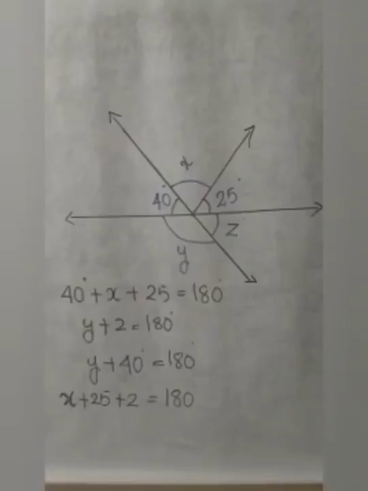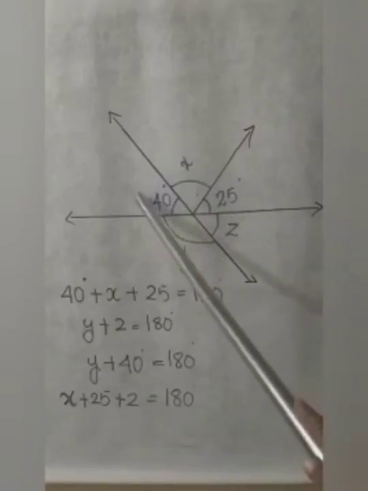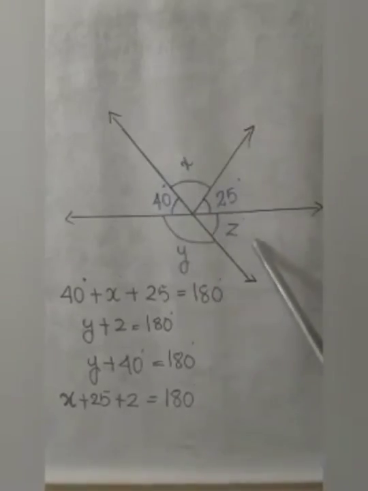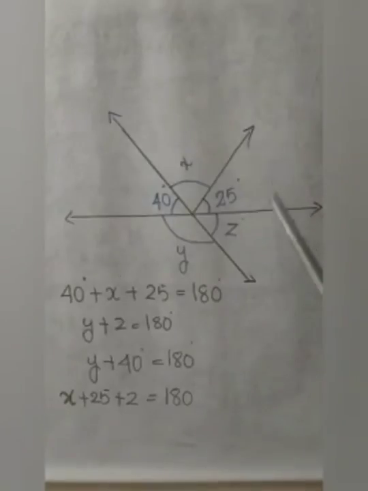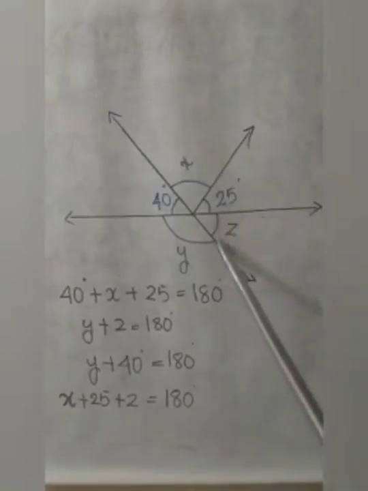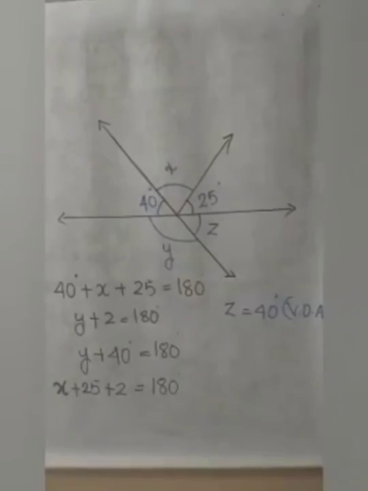Yes, they are equal. Vertically opposite angles are equal. That means if we have here 40, then here also 40. So from that we can say the value of z is 40 degrees. So we got z equal to 40. What is the reason? Vertically opposite angles.